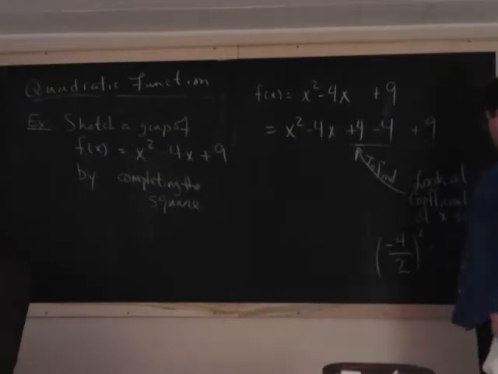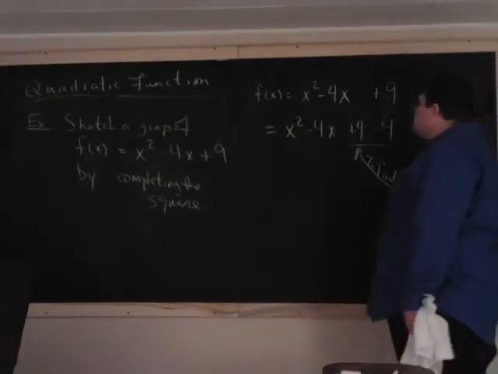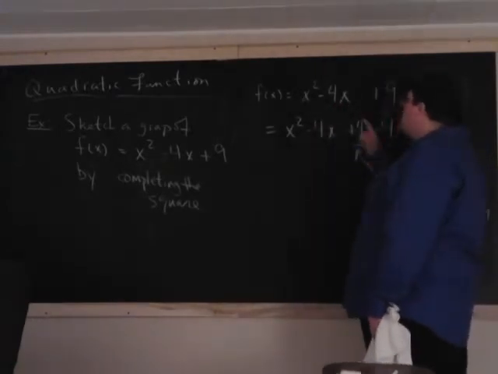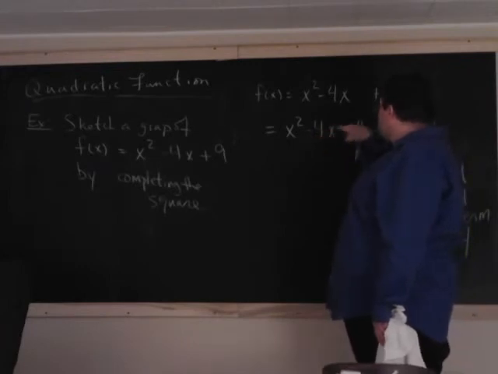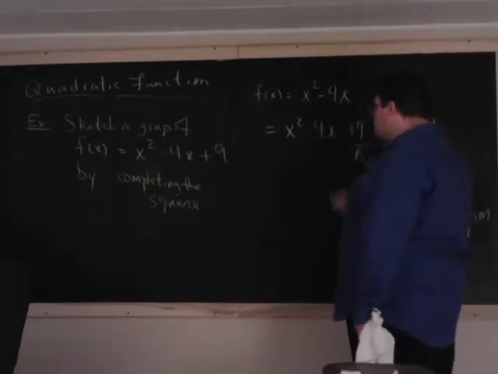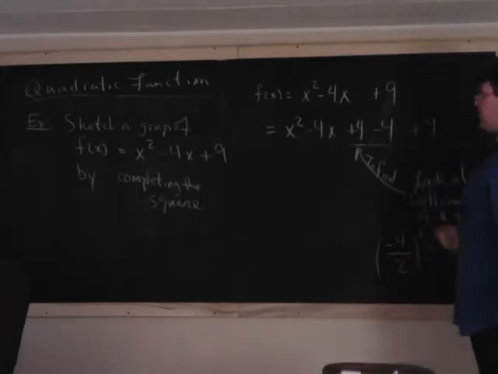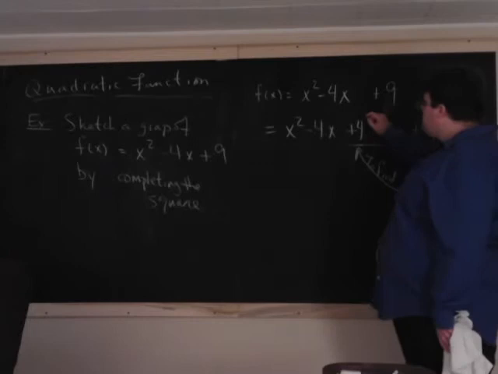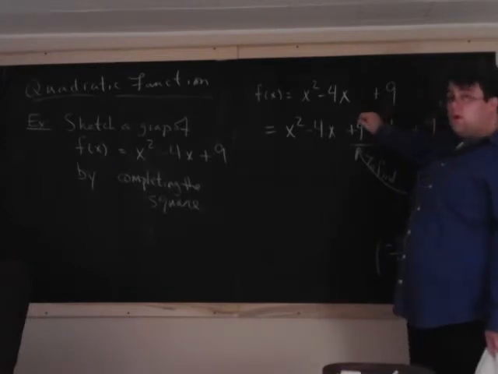Negative 2 squared is a positive 4. So this method, completing the square, will work for all of these, and we'll see why it works in a moment. But to find the number you add, you look at this coefficient, divide it by 2, and square it. That gives us a positive 4.